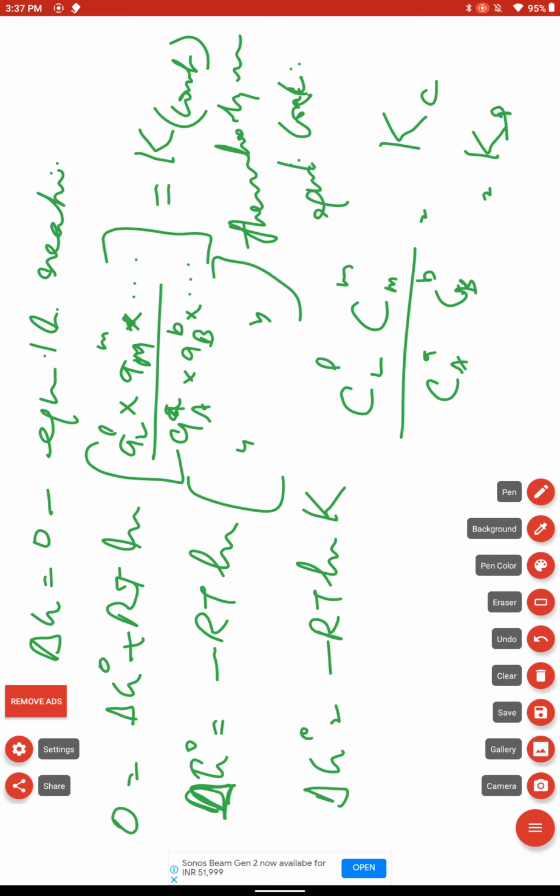That is the standard Gibbs energy. So delta G0 is equal to minus RT ln K, we said.